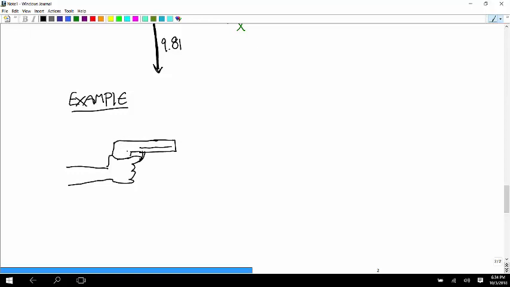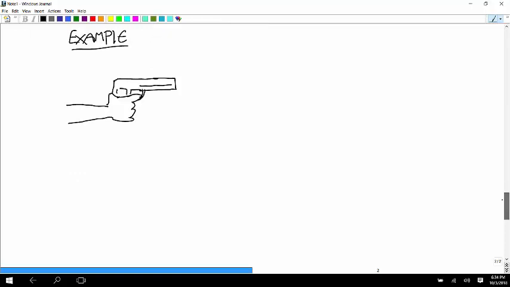Each gun I draw, I'm getting better at it. So let's say that instead of shooting it horizontally, the shooter is trying to shoot it horizontally, but he shoots it up at an angle of 1 degree above the horizontal. That's a pretty tiny angle, a lot smaller than that angle I drew. I just can't draw it any smaller than that. So let's say that this angle is 1 degree.